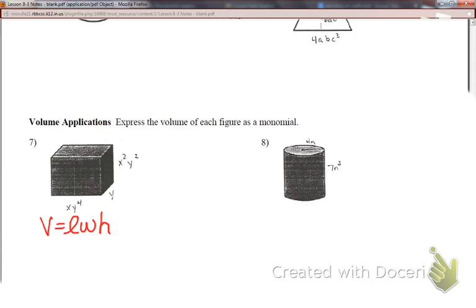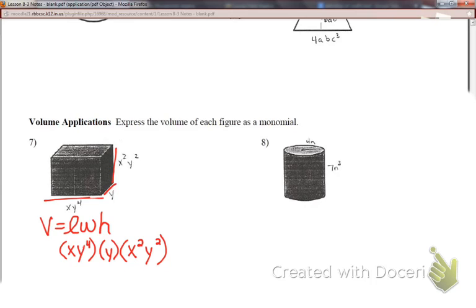Just don't repeat them. So I'm going to say that the bottom here, that's the length. So we are simply just writing this as the problem x, y to the 4th. That's the length to me. The width to me is y, so I'm just going to put that times y. And the height is how tall the box is. So to me, that's x squared, y squared.